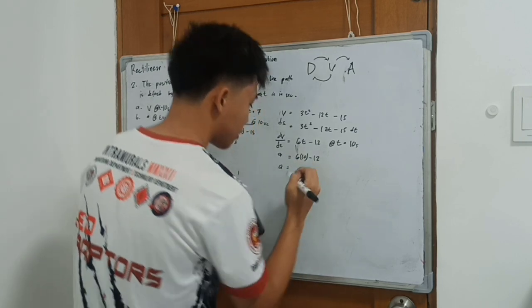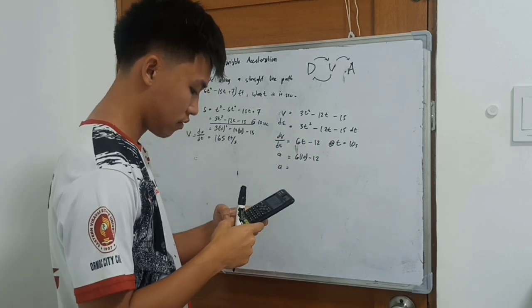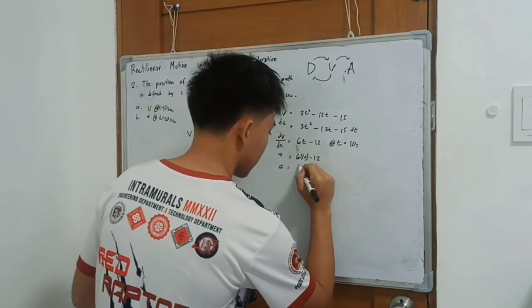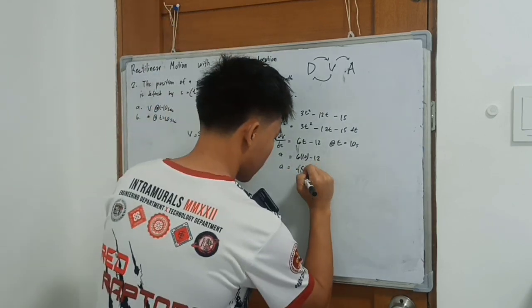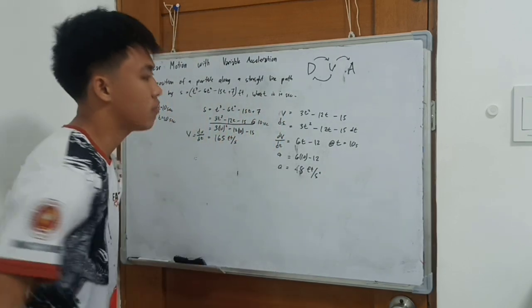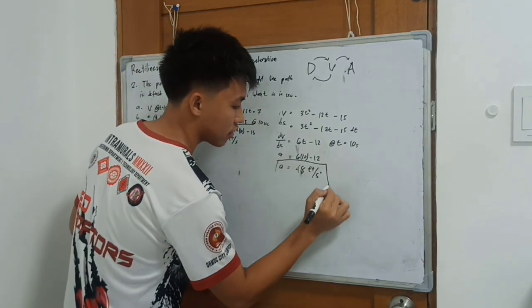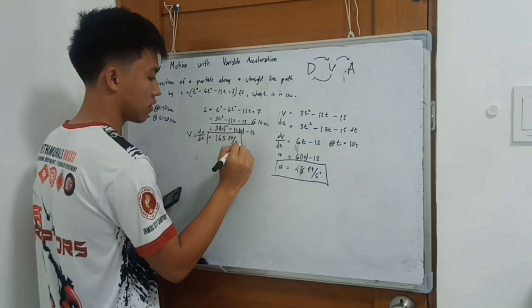So acceleration is equal to 48. So that's how to get the acceleration and the velocity.